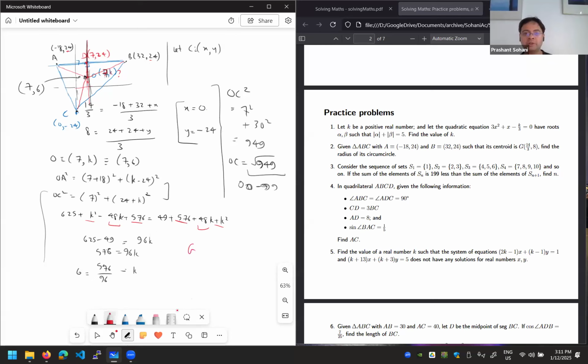So try the question again with this correction. Let the centroid be 14 by 3, comma 16. Then try this question again. You will see what is happening exactly. Okay, anyway, then question 3.